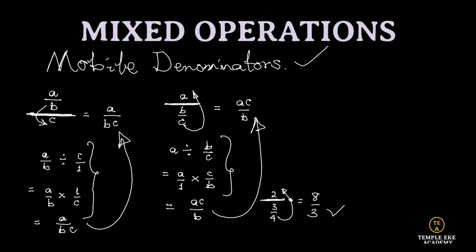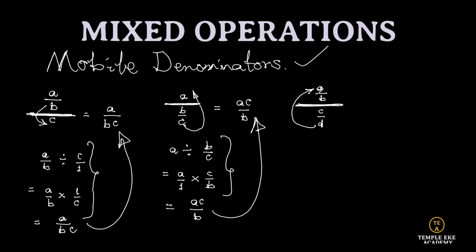Okay, more to it. How about a fraction on another fraction? What do we do? Mobile denominators. The denominators we simply move. So if we have the third form, which is A over B, all over C over D, what do we do? That is the main division bar. The denominator underneath the division bar, we move up to interact with the numerator.